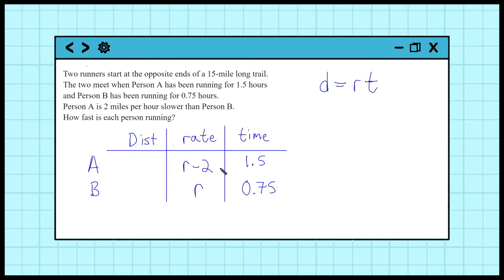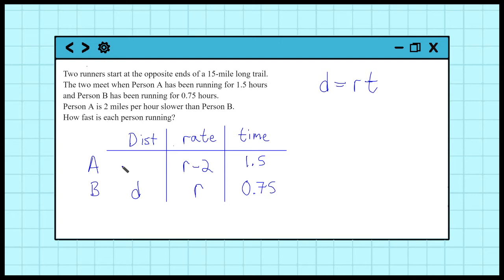Then we also know that they do a combined distance of 15 miles. So one is going a longer distance and one is going a shorter distance. Just because I said r went with B, I'm going to say the distance that B goes is d, and then A has traveled the rest of the distance.